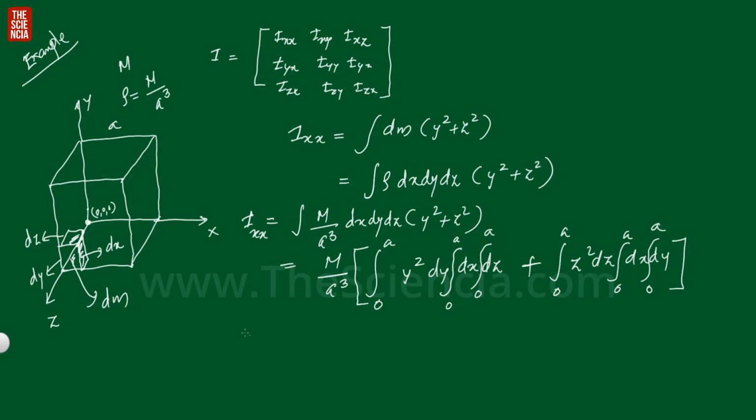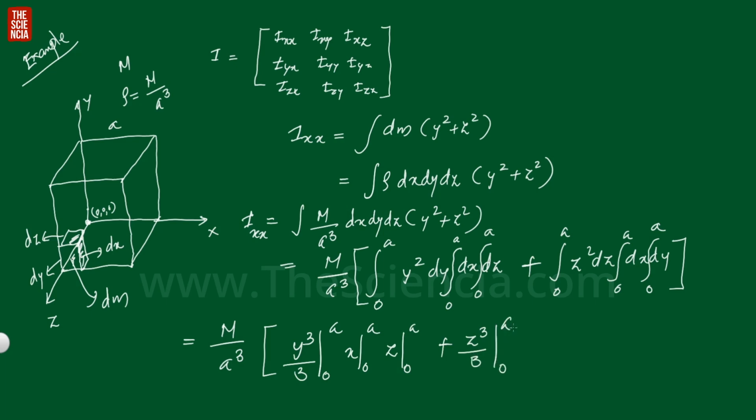Now we do this integration: m by a cube times the integral of y square, that is y cube by 3, limits 0 to a, and the integral of dx is x, limit 0 to a, and the integral of dz is z, limit 0 to a, plus the integral of z square, which is z cube by 3, limits 0 to a, and dx is x, limit 0 to a, and the integral of dy is y, limit 0 to a.